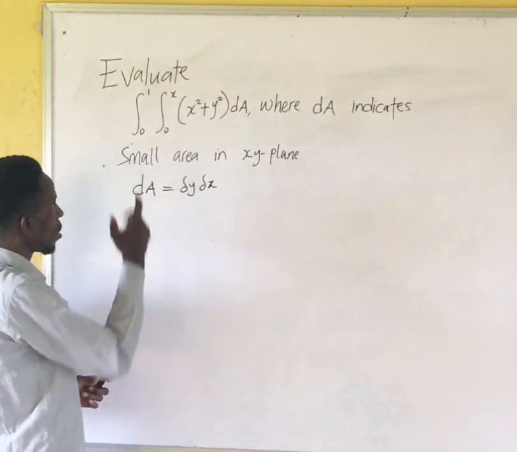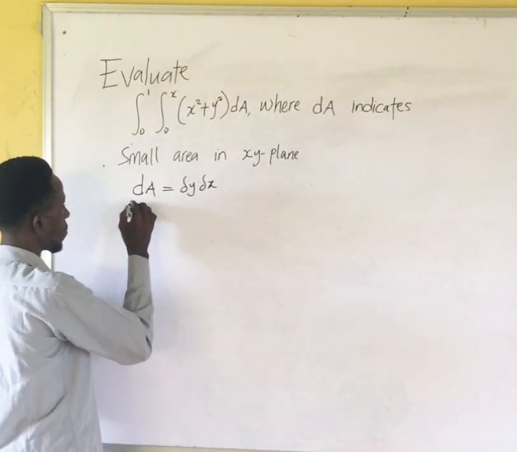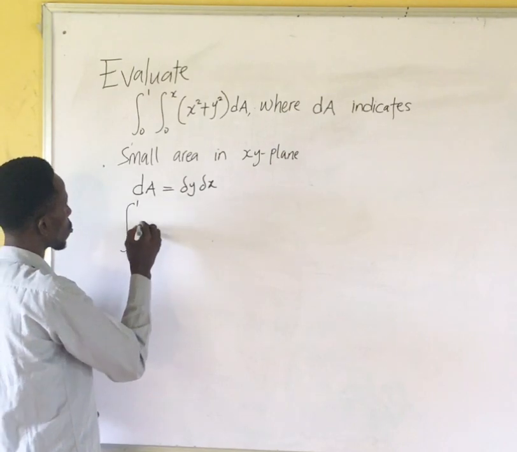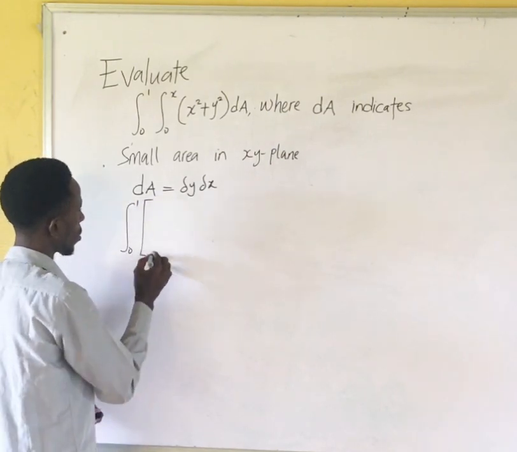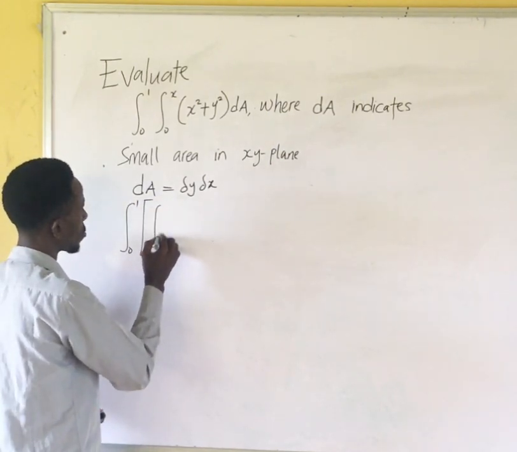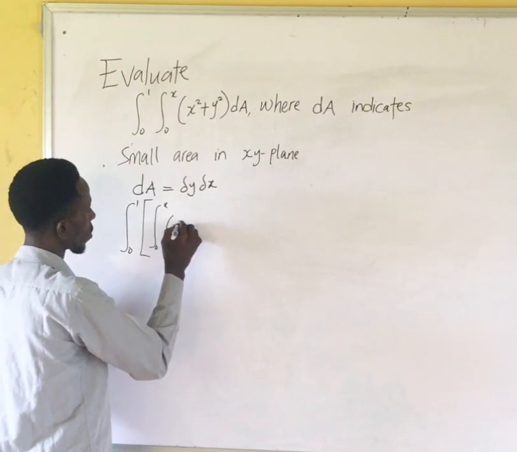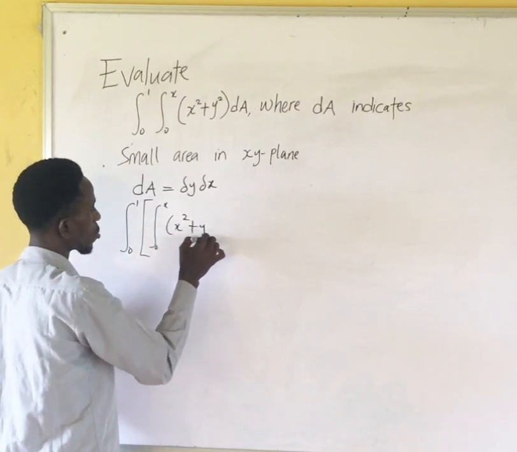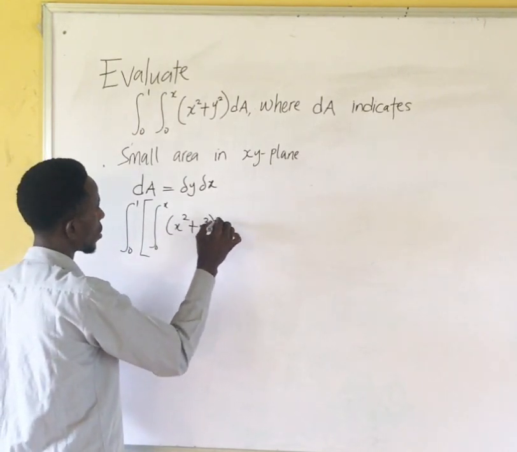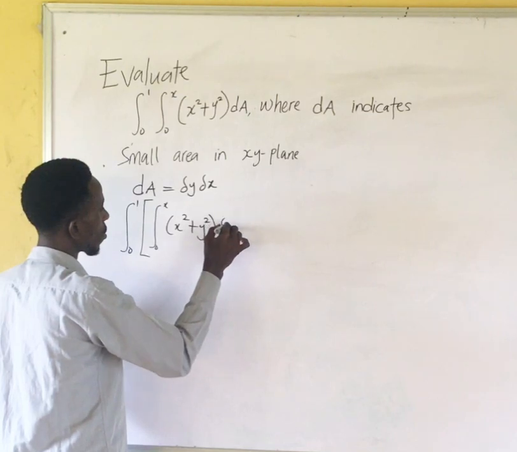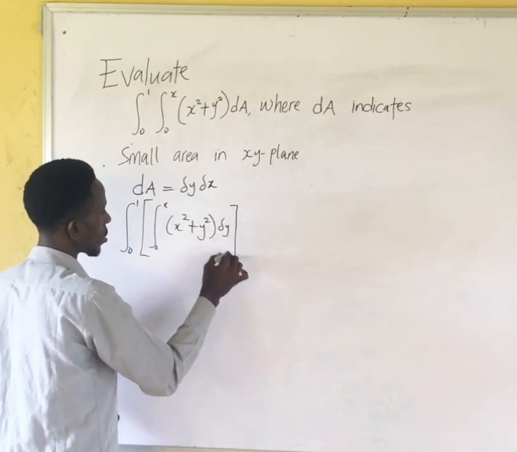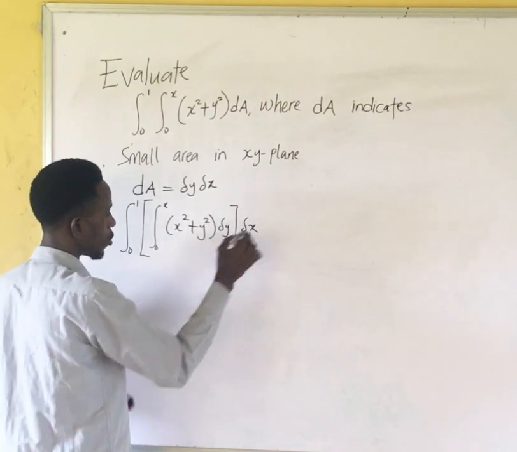So bringing it down, I'll have my integral from 0 to 1, the integral from 0 to x, of x squared plus y squared. Then this is going to be my change in y, then my change in x.